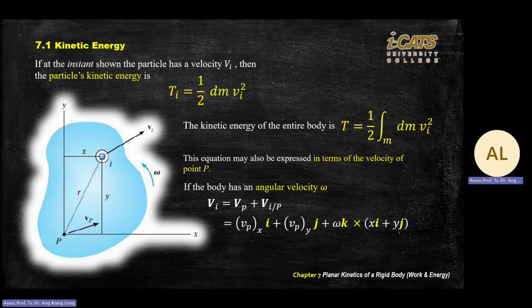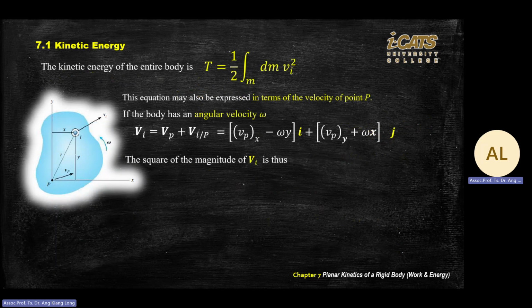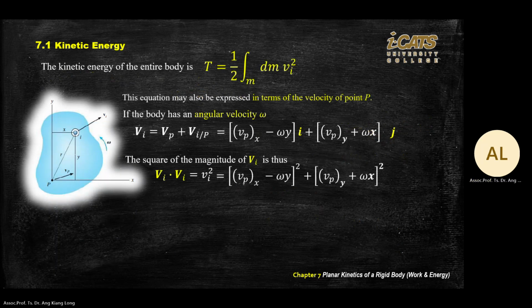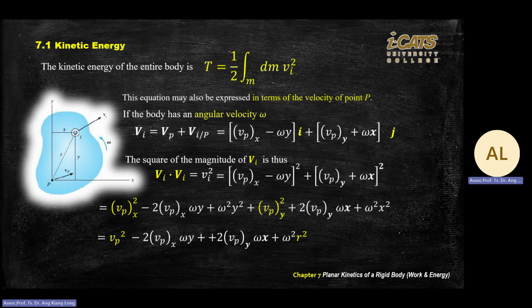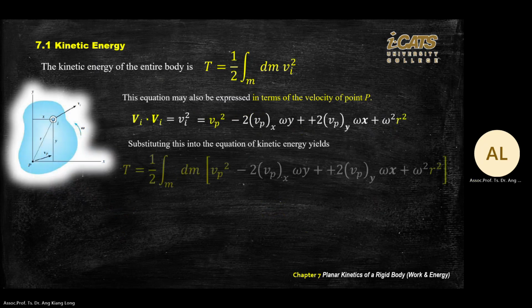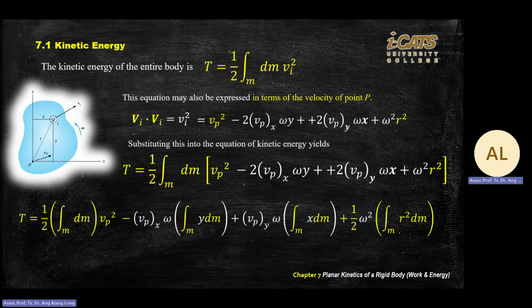The rest is just vector form. This is for your reading. I'm not going to test you on this. The derivation is quite lengthy, but I'm not testing you on the mathematics.